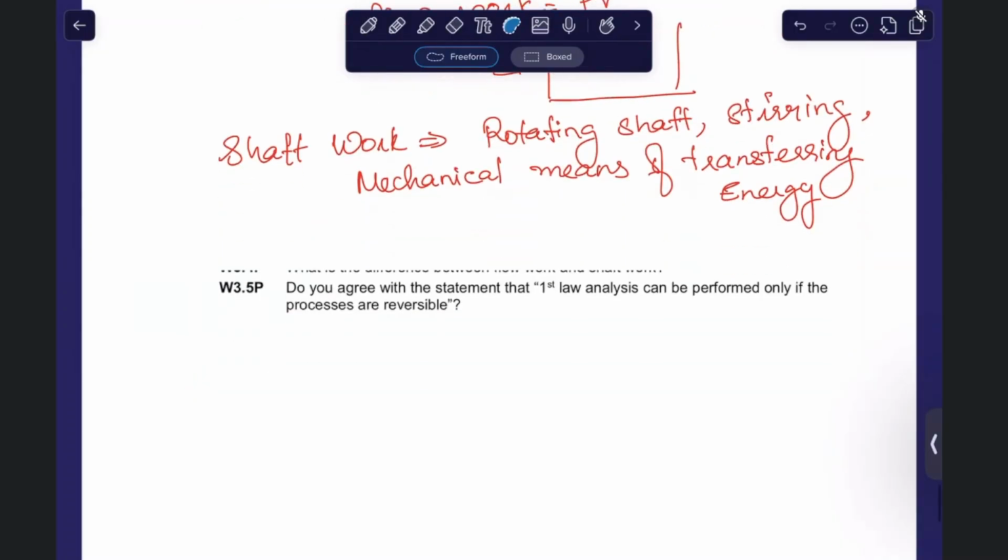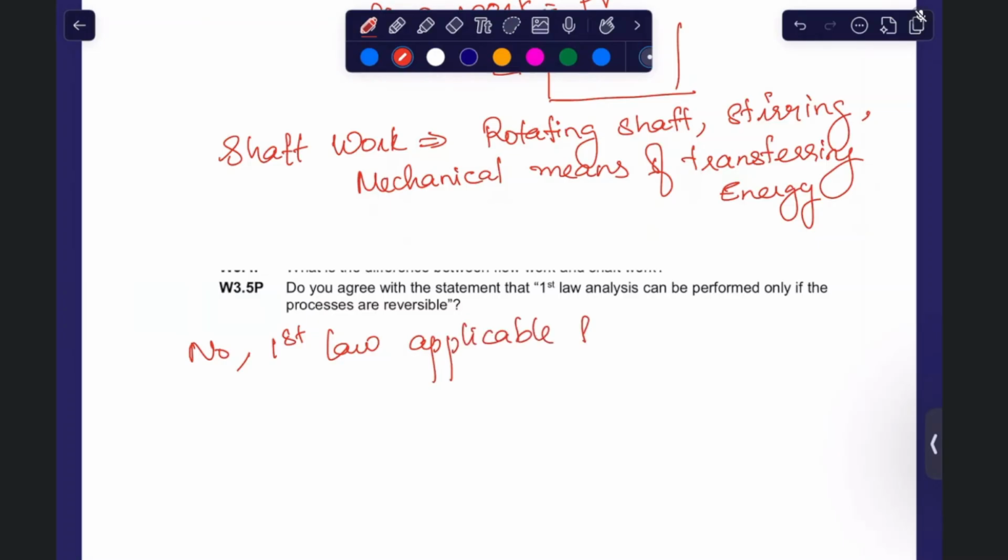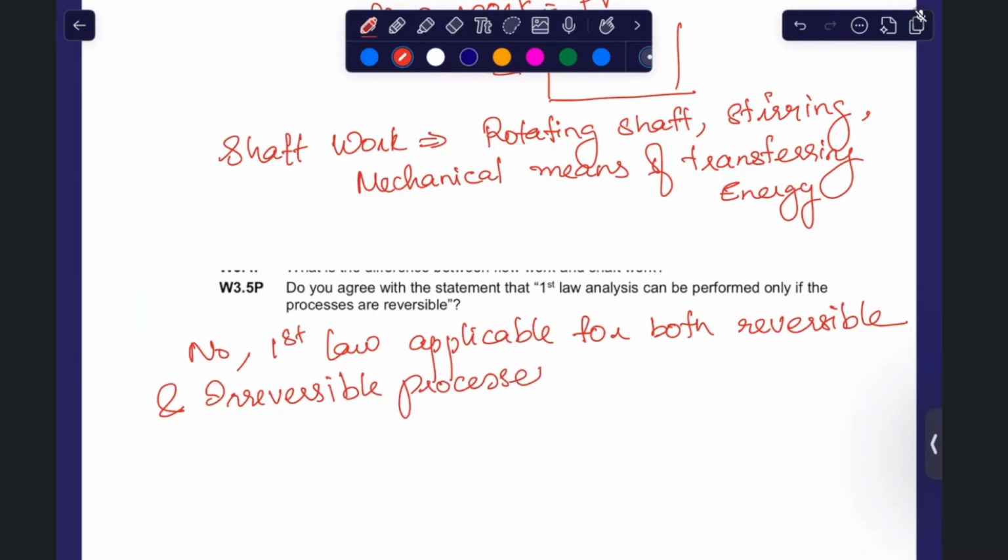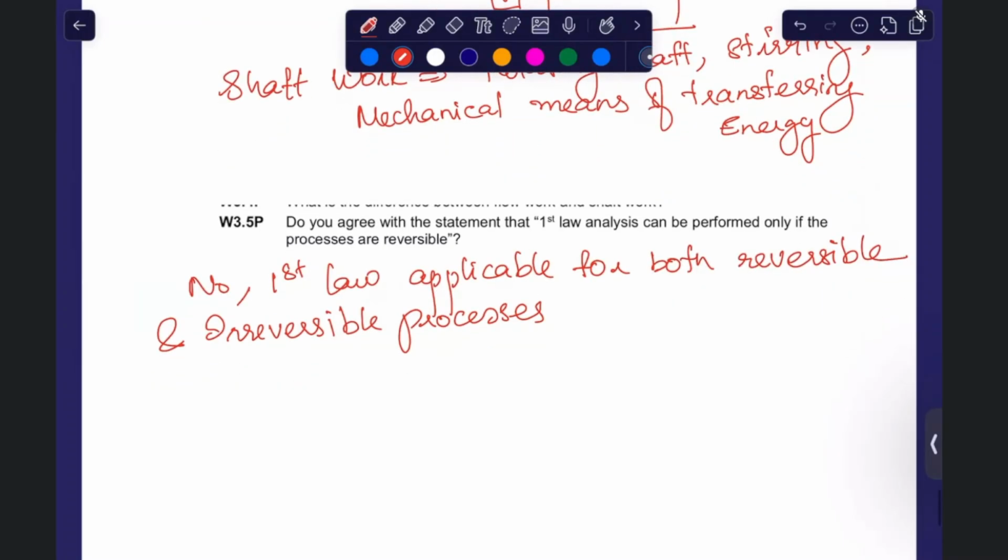So the answer is no. First law analysis can be done for both reversible and irreversible processes.